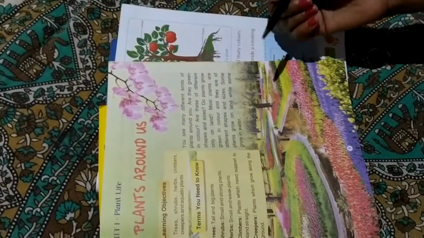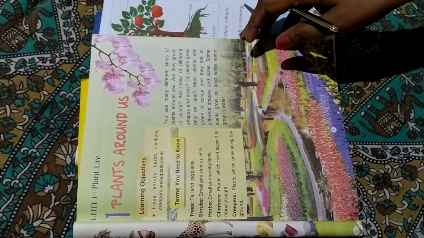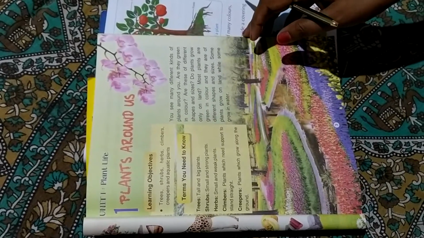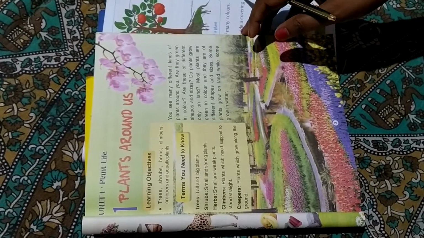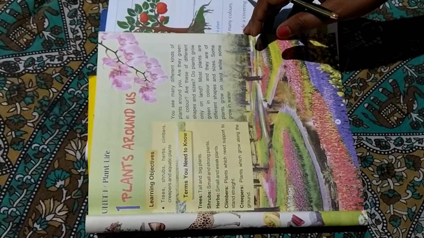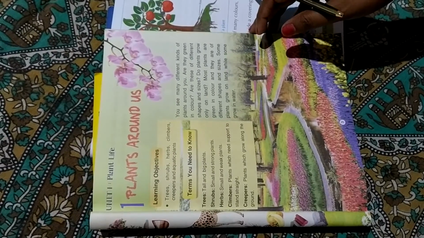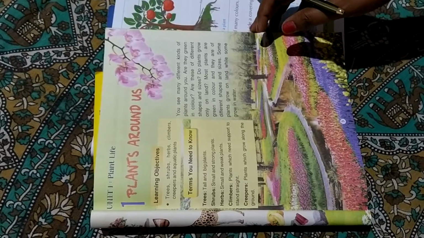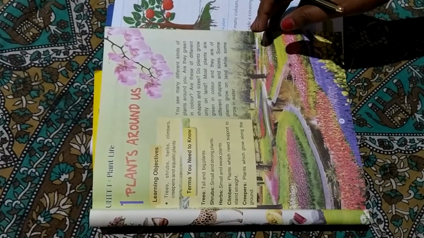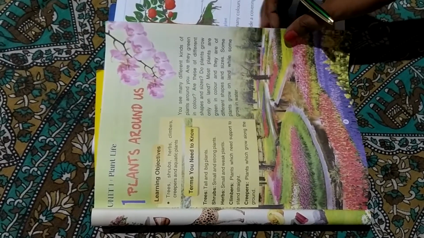Children, we see many types of plants. Some are big, some are small. You also notice that we not only see plants on the ground or land, but we also find plants in the water.